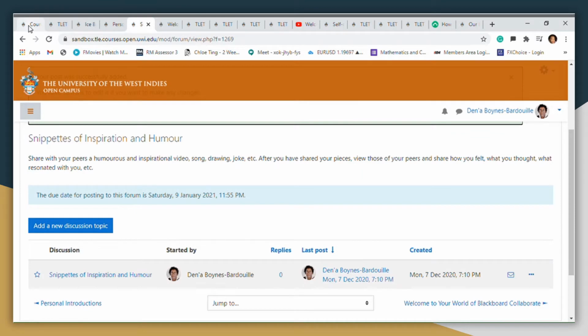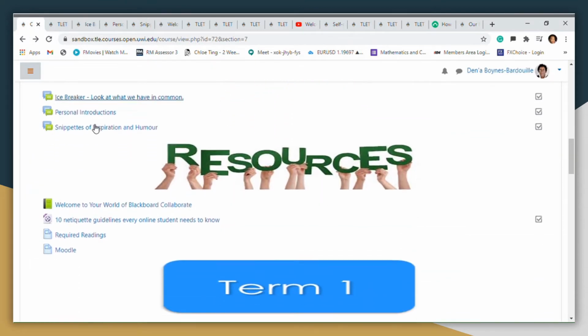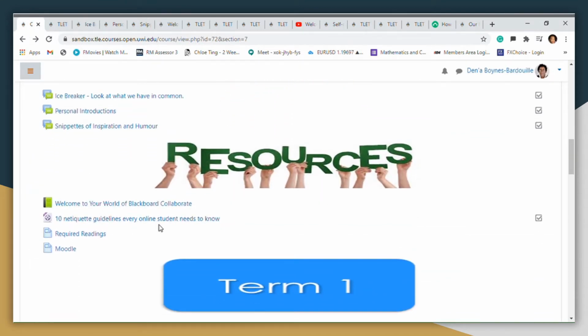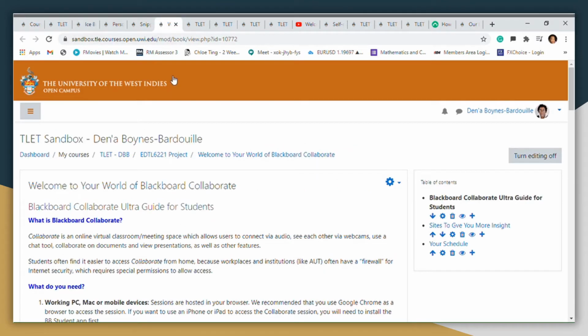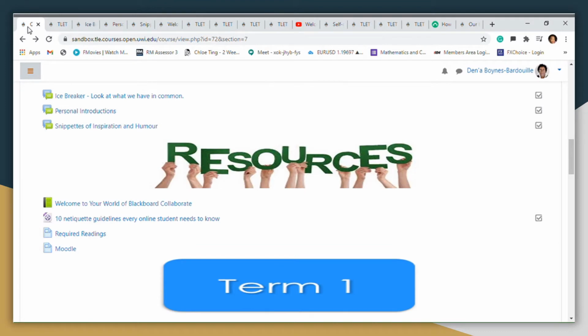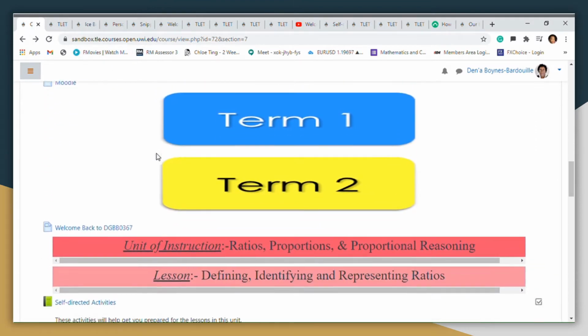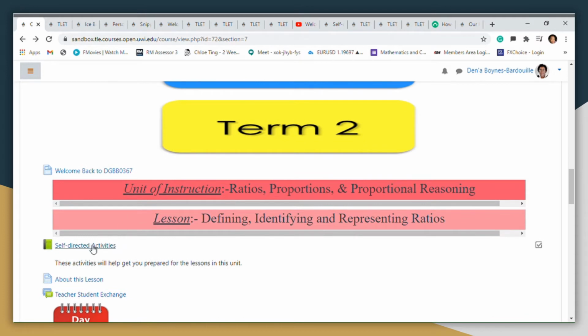At the beginning of the second term, the students are welcomed back from their vacation. At the start of each lesson are some self-directed activities aimed at strengthening those who are weak at the prerequisite skills and allowing others to brush up on their knowledge and skills.